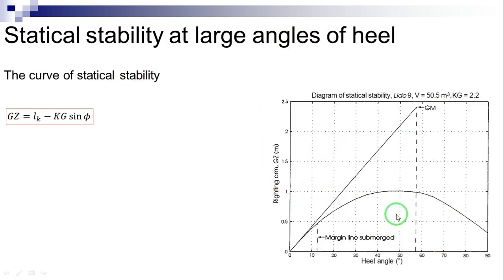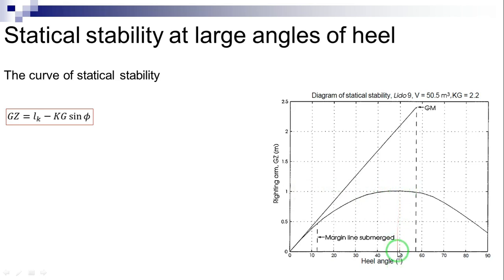Let us identify some properties of the righting arm curves. One important value is the maximum GZ and the heel angle where this value occurs. For example, in this figure, the maximum righting arm value is 1.009 meters and the corresponding heel angle is 50 degrees.